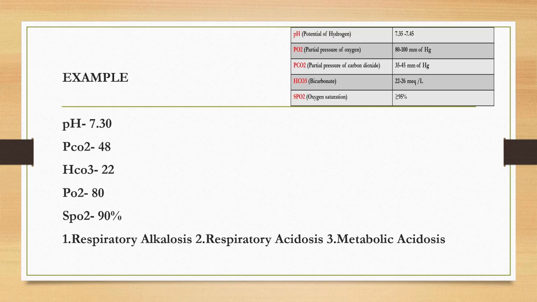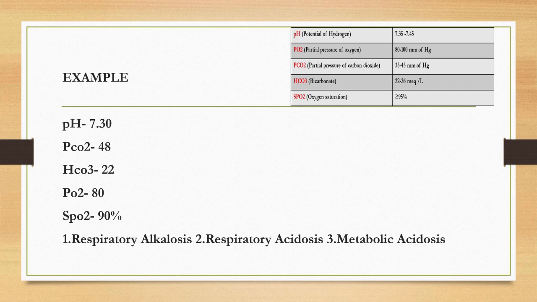A doctor advised to do an ABG for a patient, and this is the result of the ABG. pH is 7.30, PCO2 is 48, bicarbonate is 22, PO2 is 80, and oxygen saturation is 90%. So how to interpret this one? First you have to see the pH value in order to identify whether it is acidosis or alkalosis.